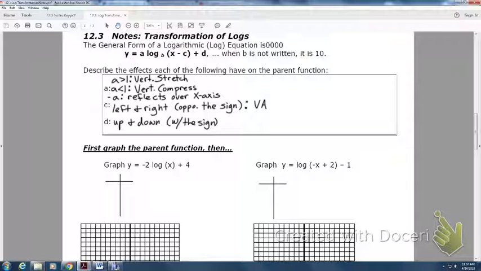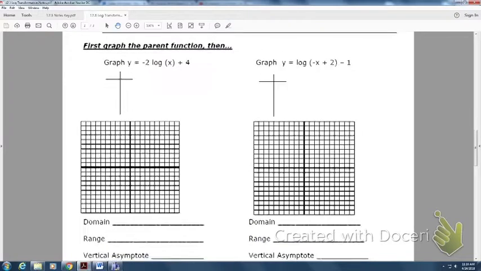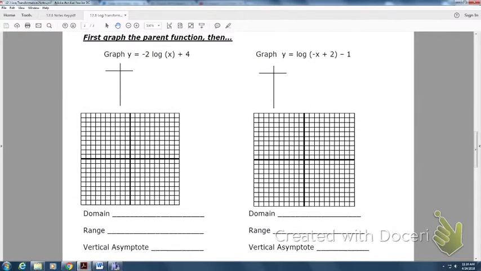Okay, looking at the first graph, we'll use a couple different values. I'm going to show you how to find a couple points by hand. And those of you who are pre-cal bound, you'll need to know this for sure. So go ahead and put the equation into y equals and go to the table.